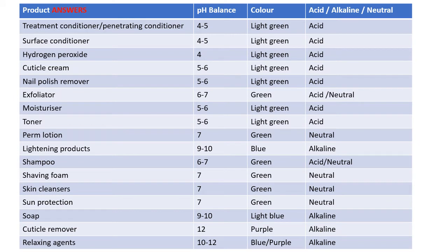Then I would display the answers and they can tick them with a suitable colour pen, normally green, to see if they were correct or not. These kinds of questions also might come up in exams. They might ask you what the pH level of certain products are, and the kids need to be familiar with it.